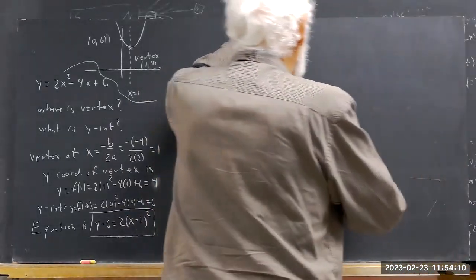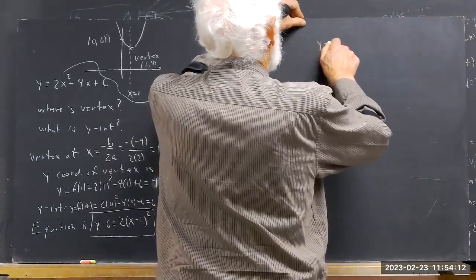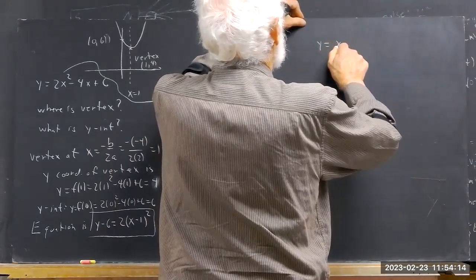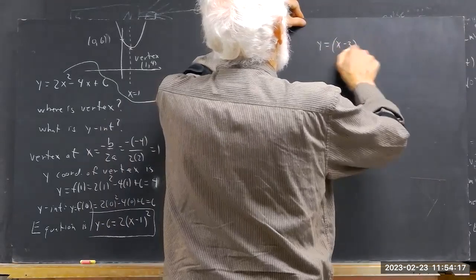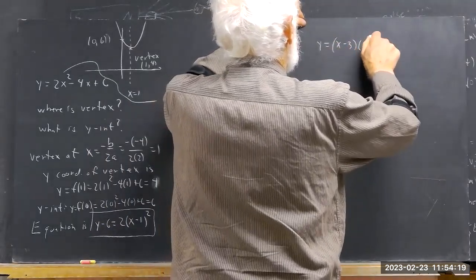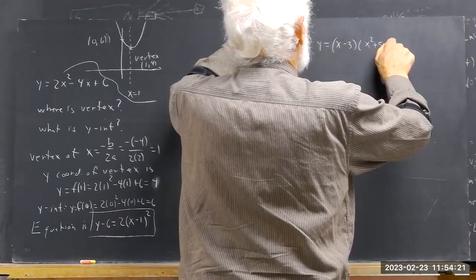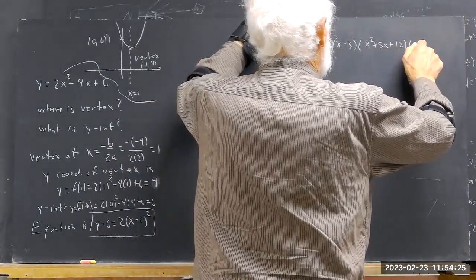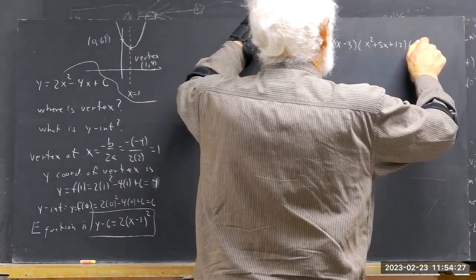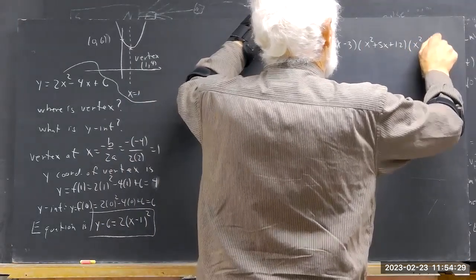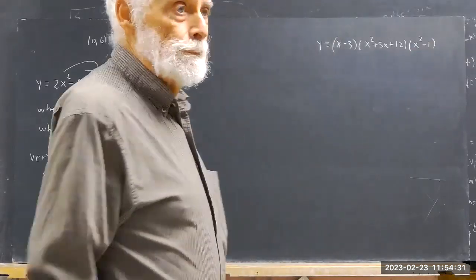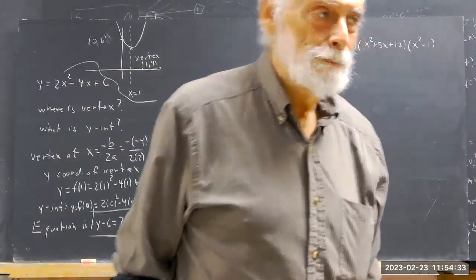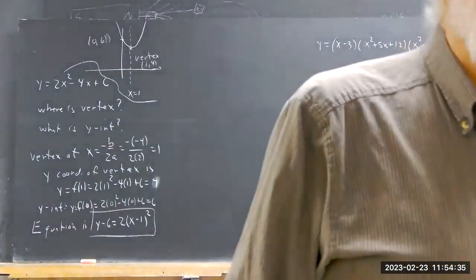So let's say we have y equals this. Now that polynomial is mostly factored.